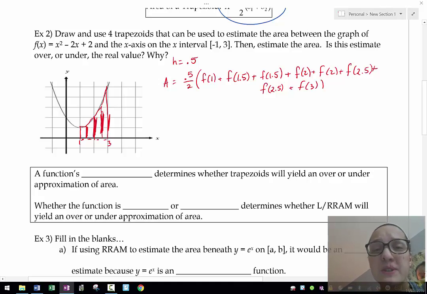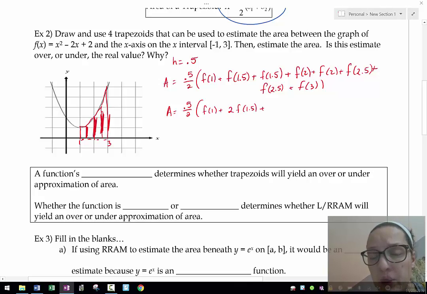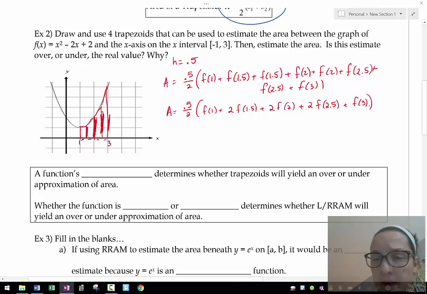And you're probably already noticing that I'm duplicating some of those heights there. So my area is really 0.5 over 2 times (f of 1, plus 2 f of 1.5, plus 2 f of 2, plus 2 f of 2.5, plus f of 3).